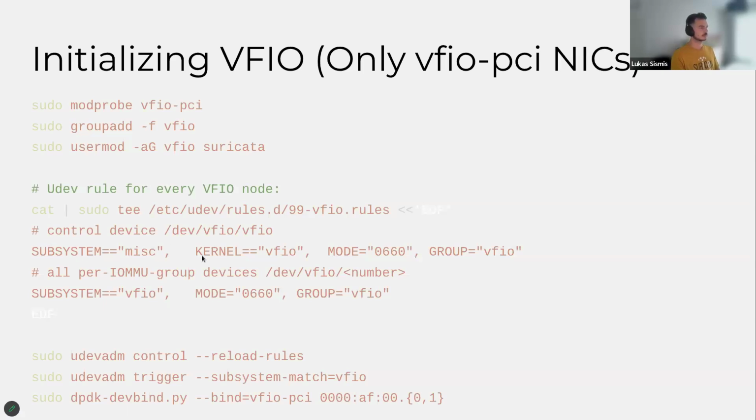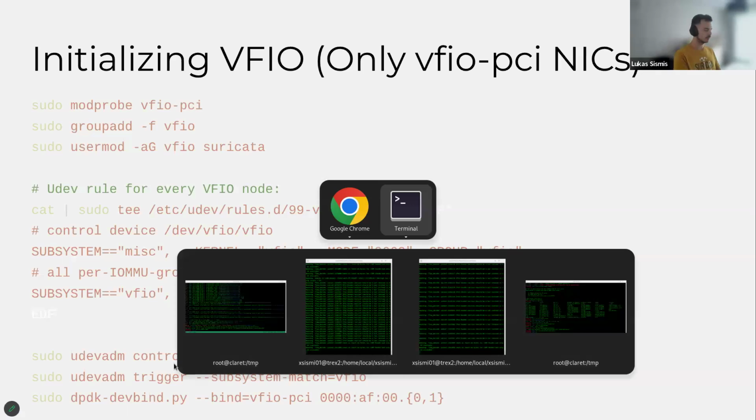Here we can see that basically /dev/VFIO will be accessible by the VFIO group to which the Suricata user belongs. And the commands below are just how to trigger the device management system in Linux to make sure we got it set up properly.